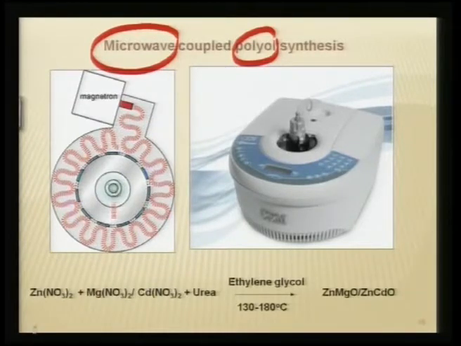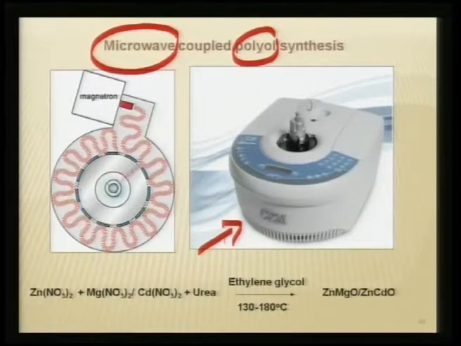This is a cartoon that shows what microwave coupled polyol synthesis is. We basically use a magnetron as a source for producing microwaves, and in a commercial system like that sold by CEM Corporation, you can see that microwaves are focused onto the cavity.